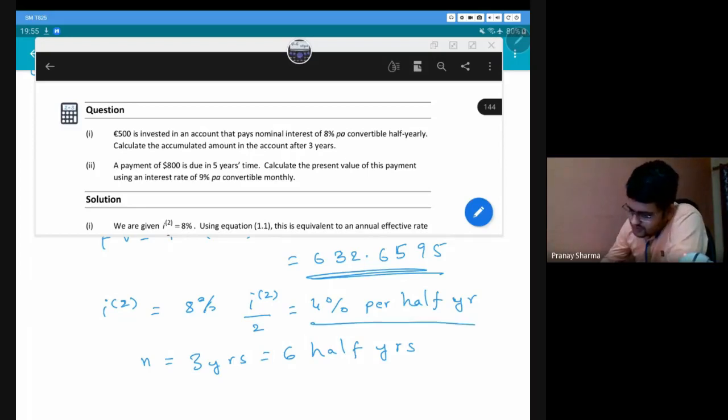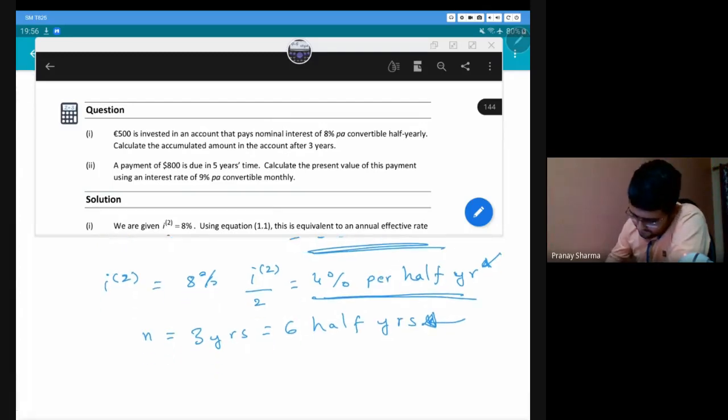I've talked about this. If our rate of interest is in this unit time, then our time unit will also be in the same unit time. So therefore, my future value will be equal to 500 into 1 plus I2 by 2, the whole raised to 6. Or you can say this was nothing but raised to 2 into 3.